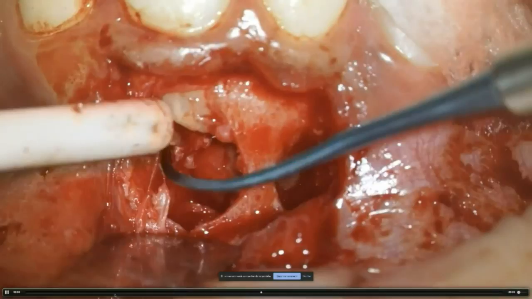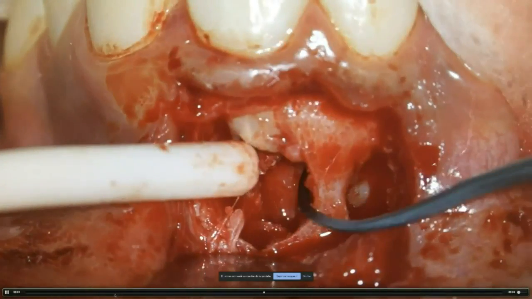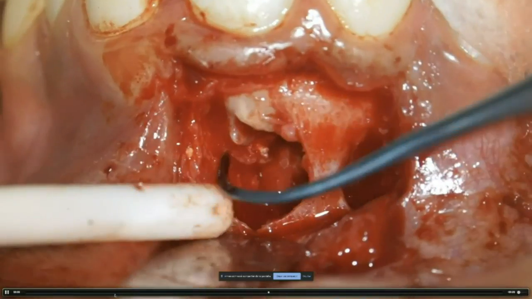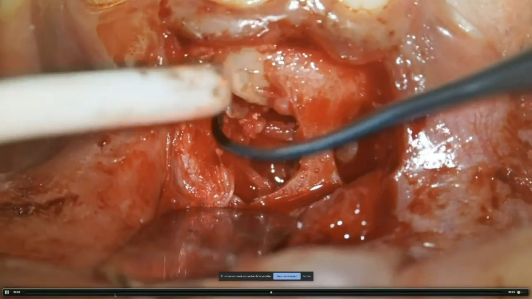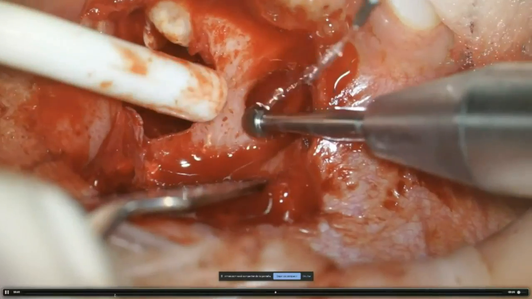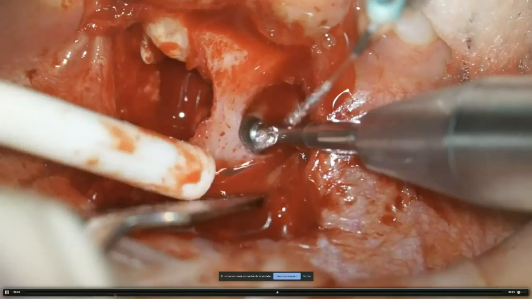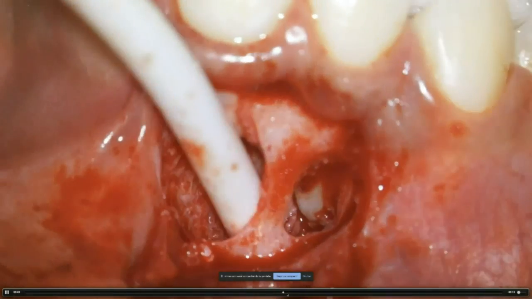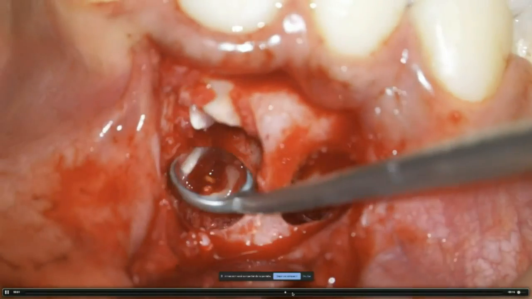And then I start removing more of the granuloma tissue, okay? After that, I just check in the periapical.